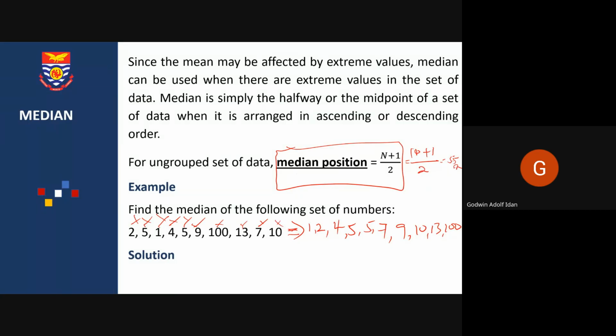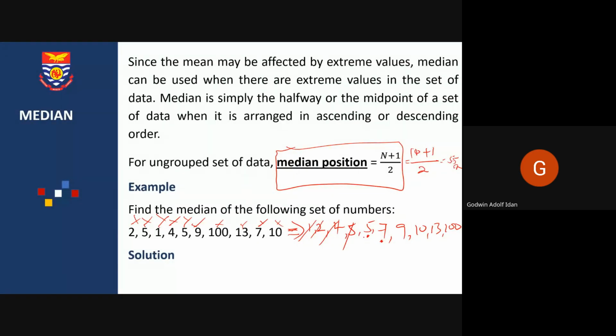So 5.5 here simply means that our median is going to lie between the 5th and the 6th observation. Are you following? The 5.5 means that the median is in between the 5th and the 6th observation. So we just count 1, 2, 3, 4, 5, and between this 5 and the 6th is our median.